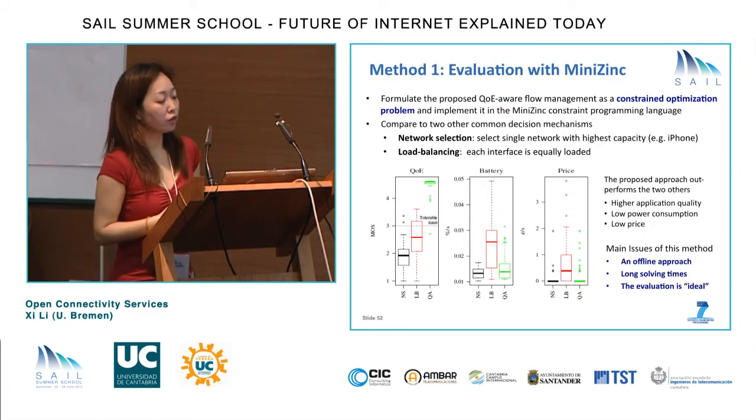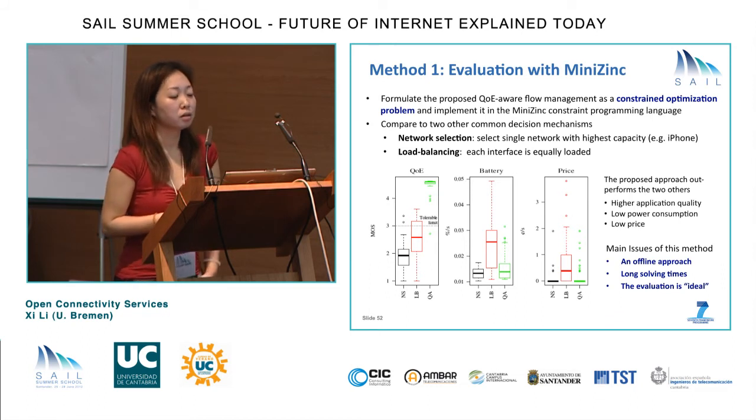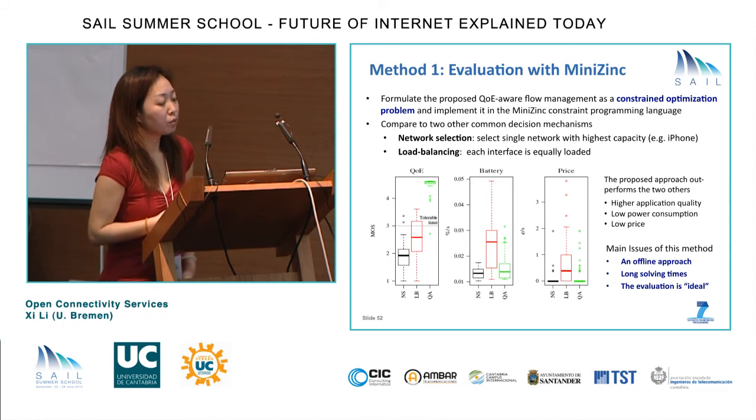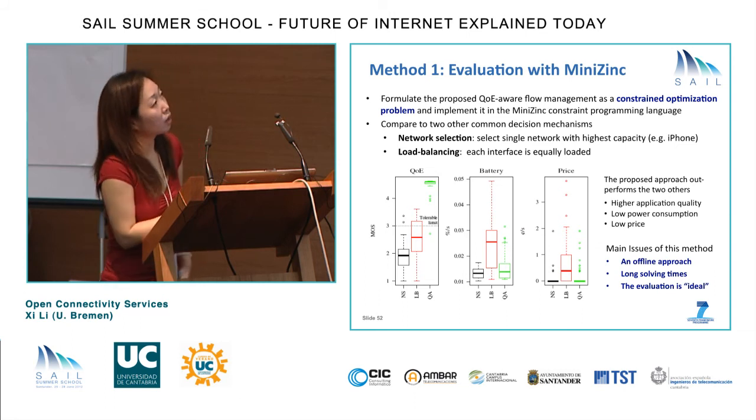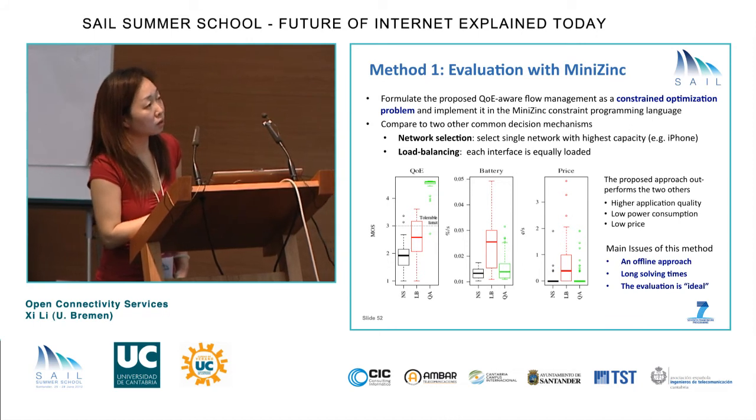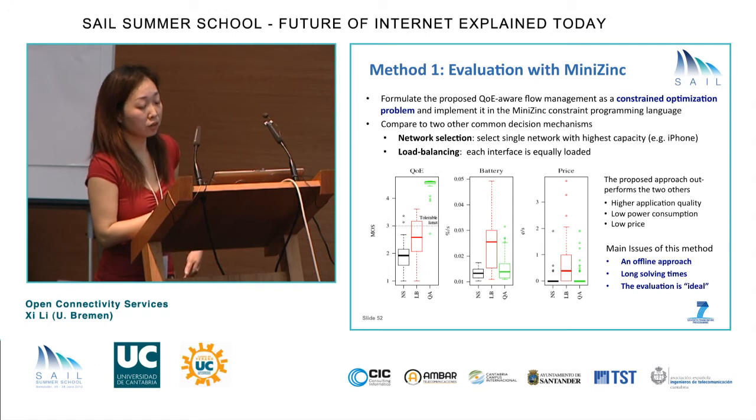By using the first method, we formulate the flow management approach as a constraint optimization problem using the MiniZinc programming language. We take the input, implement it as the constraint optimization problem, and get the output of the decision.